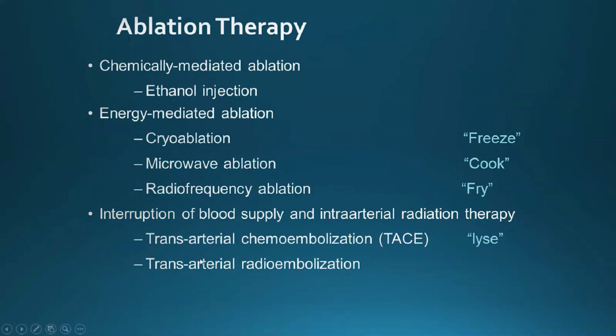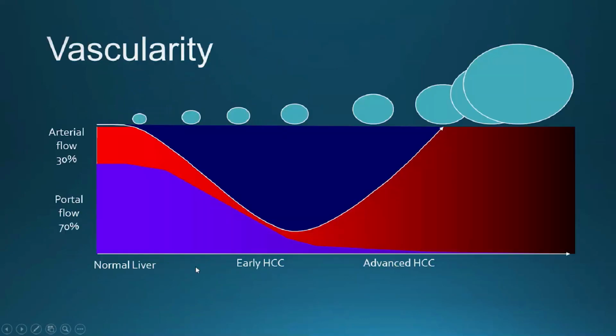We are not only directly attacking the tumor, but occluding the blood supply to the tumor when we inject chemotherapeutic agents or radiation beads into the tumor site and block the arterial supply to the tumor.